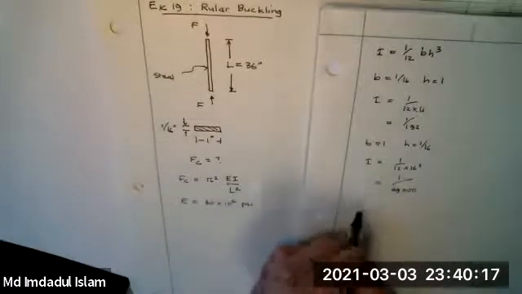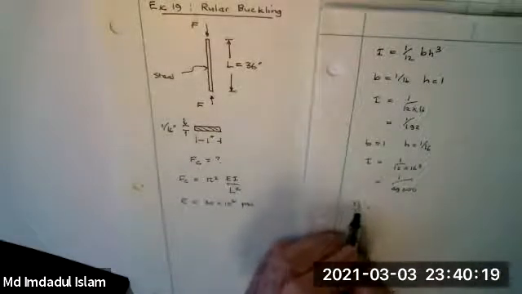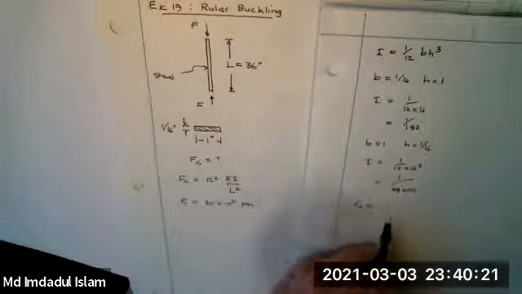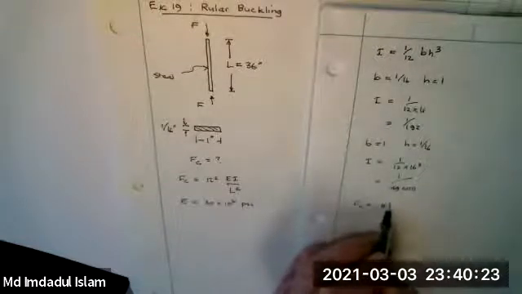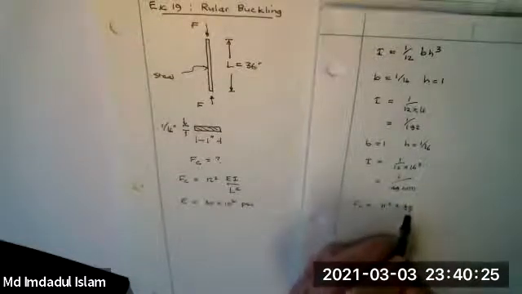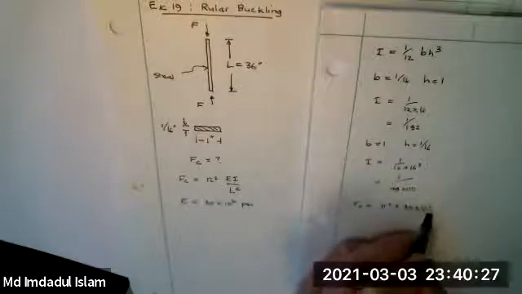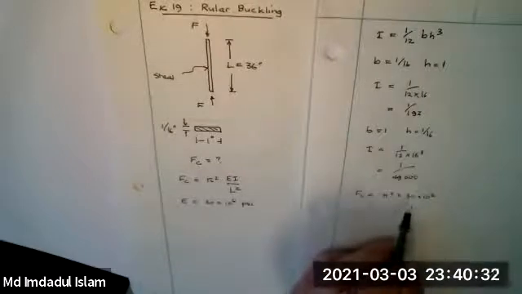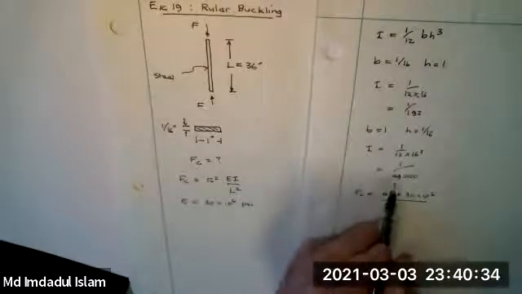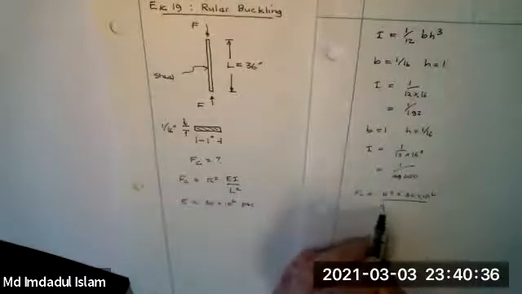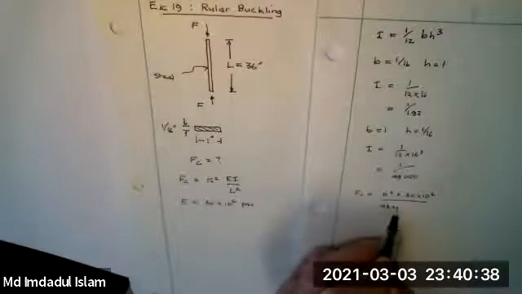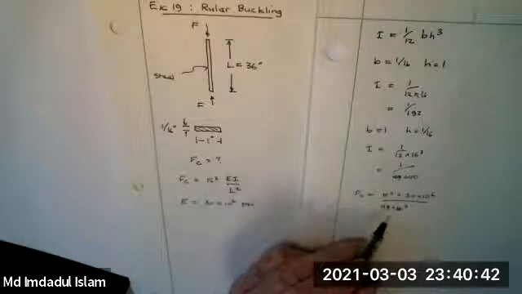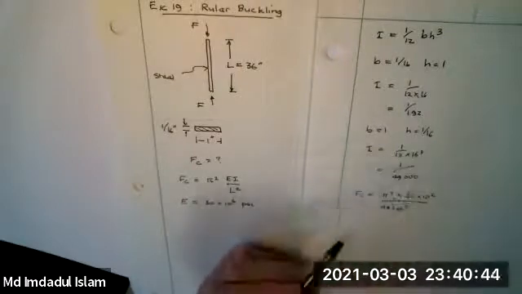So we can calculate this then. That's pi squared, the constant we got. That's Young's modulus. Now we have that's what I got for I, 1 upon that, so it's down the bottom.